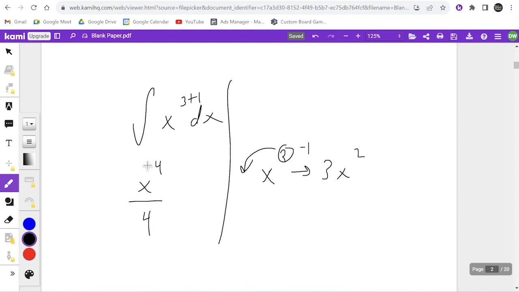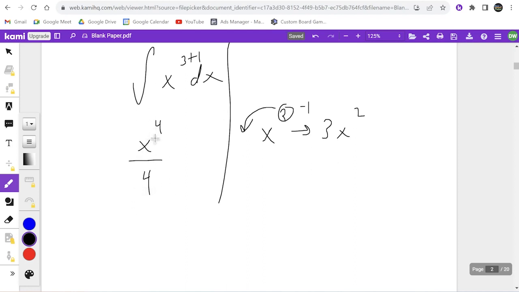And if you take the derivative of x to the 4th over 4, you get 4x cubed over 4, the 4's cancel, and you get x cubed. And wasn't that the original problem? Yes, it was. So the cool thing is once you learn antiderivatives, you now have a way to check your work, by taking the derivative. Isn't that amazing? And the answer is yes.